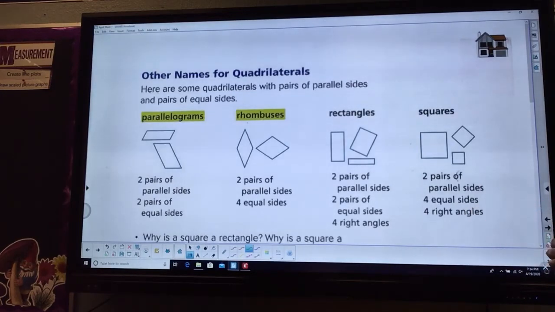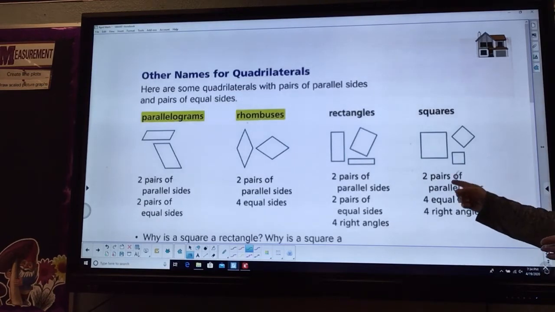And finally, the superhero, the one I keep referring to as he can do it all. He's got 2 pairs of parallel sides, 4 equal sides, 4 right angles. Now, as we get further into this lesson, it's super important to remember that a lot of these quadrilaterals fit into several of these classifications.